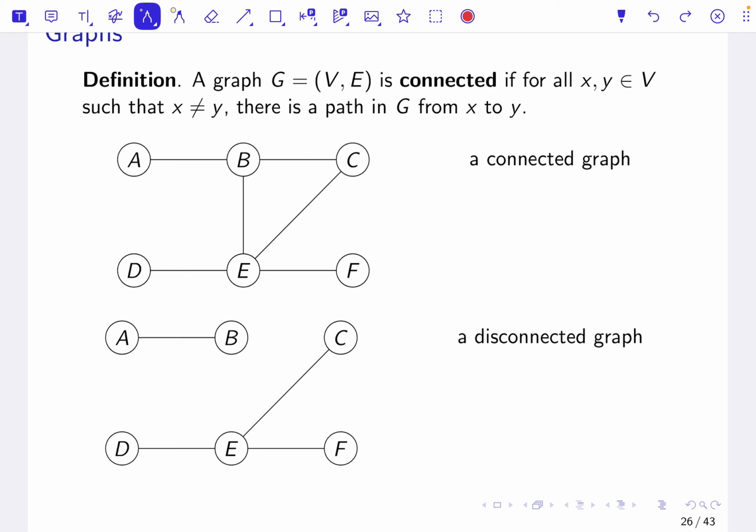You can get from any one vertex to any other. And then the other one is disconnected. You could see the total lack of connections from A and B to the rest of the graph.